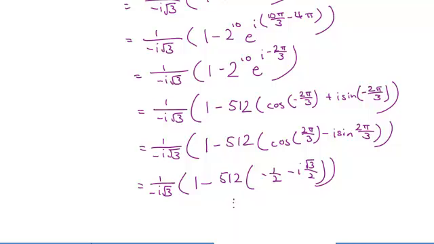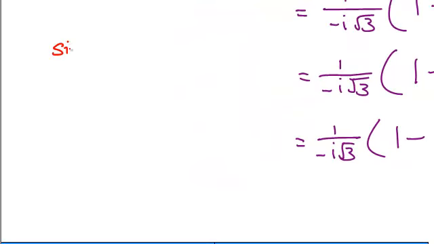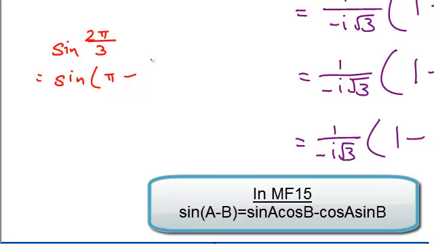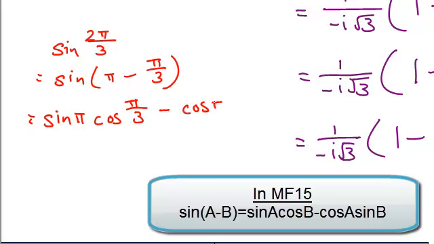But maybe I just want to talk about how to find out what sine 2 pi over 3 is in the exact form. If you're not sure how to find sine 2 pi over 3, the way I do this is to make use of MF15. I can write this as sine of pi minus pi over 3. According to MF15, there's a formula for sine A minus B, and this is sine pi cosine pi over 3 minus cosine pi sine pi over 3.